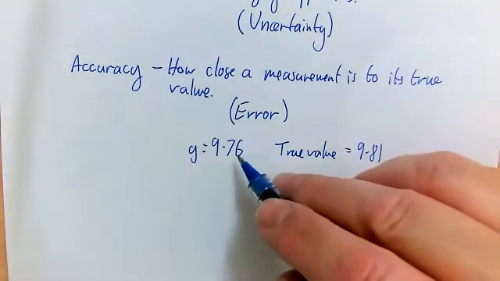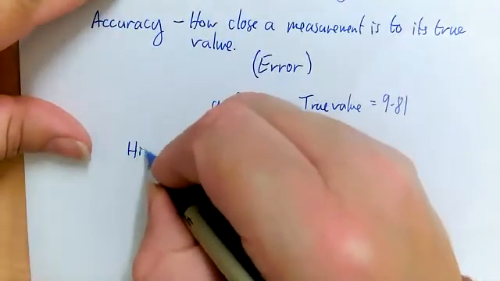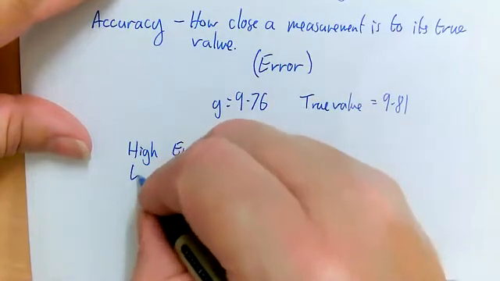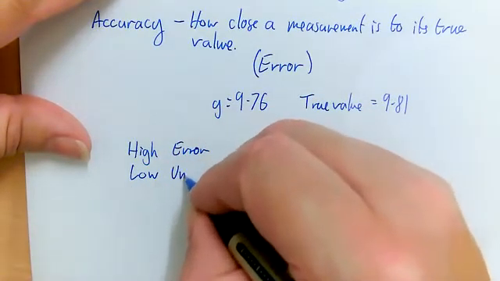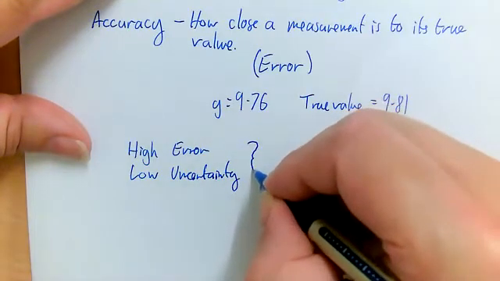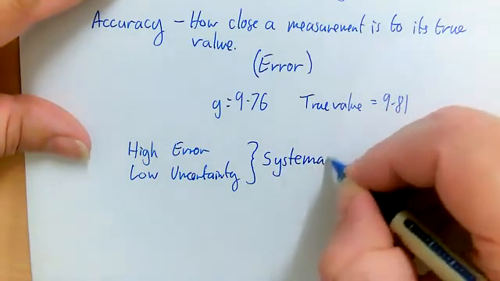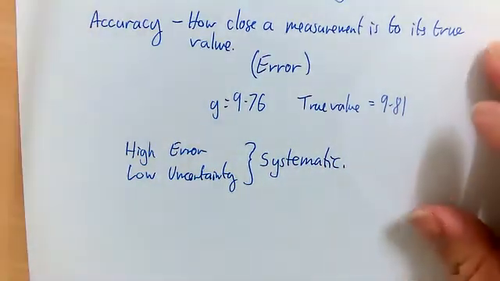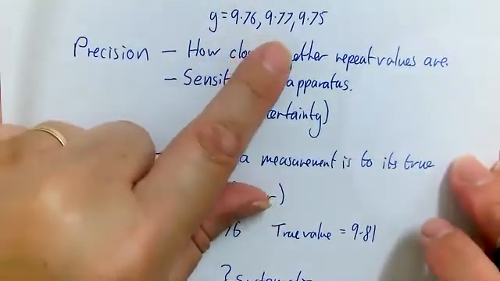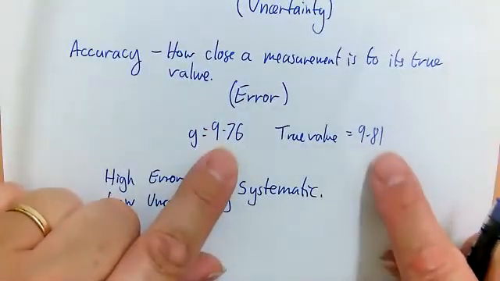Now, where you get a high error and a low uncertainty, we say that the error is systematic, because something to do with the experiment must have caused this value to be very different to this value.